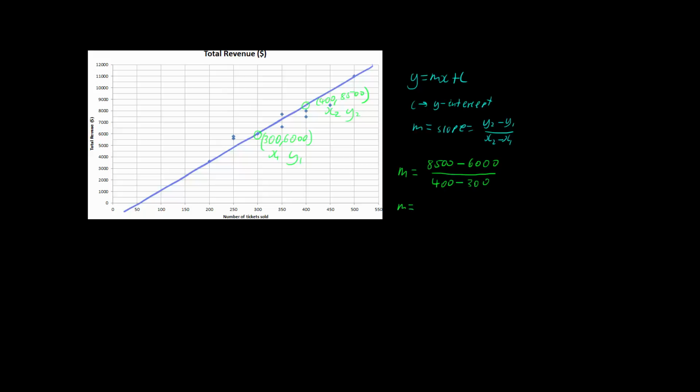So we're going to have a slope of 2,500 over 100, so we have a slope of 25. That gives us the slope of the line.